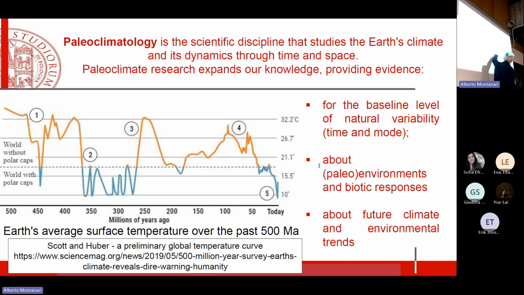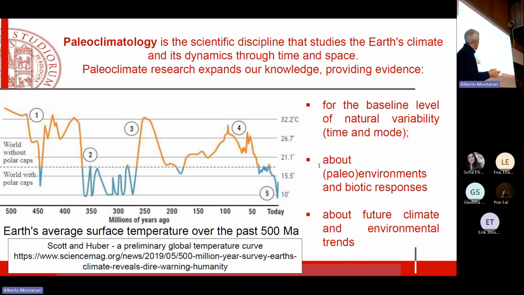What you see here is that today's temperature is about here, this is today. We can distinguish between two zones of this graph. The blue one means iced world, it marks the periods where the Earth had polar caps.